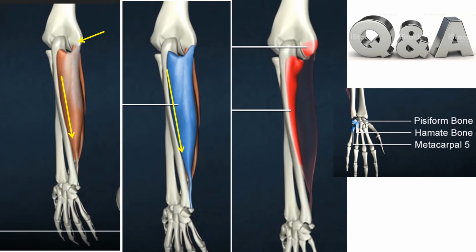This is attachment of the upper shaft of the ulna, and this is the one point of origin from the common flexor tendon.